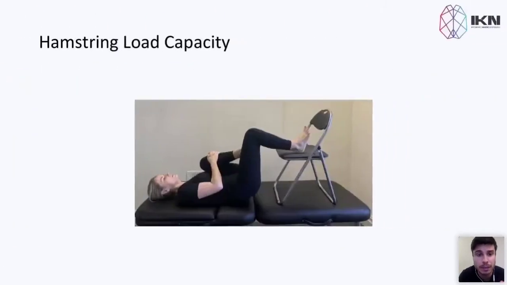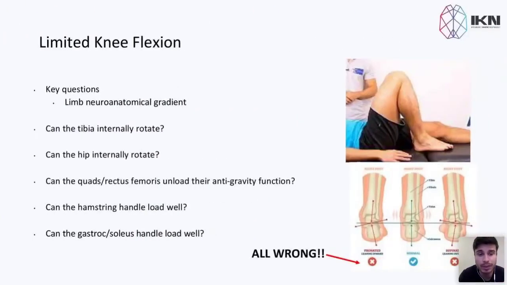So let's say, for example, we have an individual with limitations in knee flexion. So what we'll typically use, and you can look at this two ways. When you have a client in supine and you're looking at their ability to get their heel all the way to their glute, that's going to give you a very good insight into how well that screw home mechanism can unload. So you want that tibia to be able to internally rotate as they flex the knee.